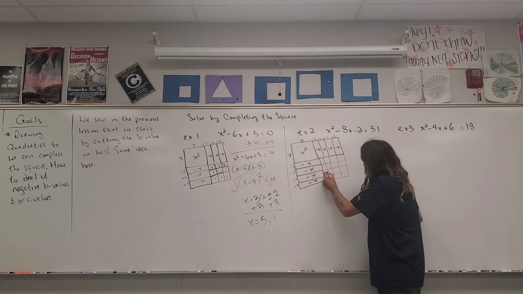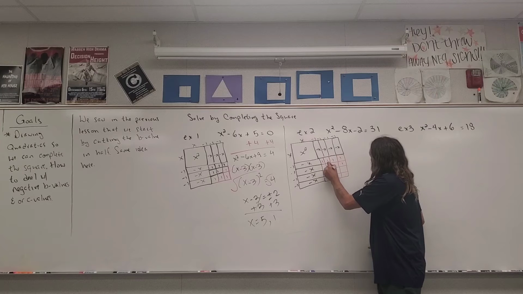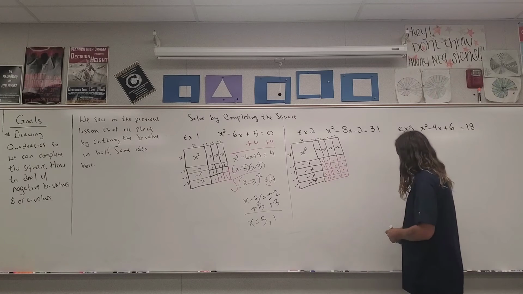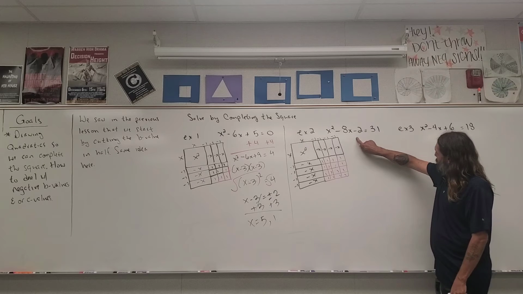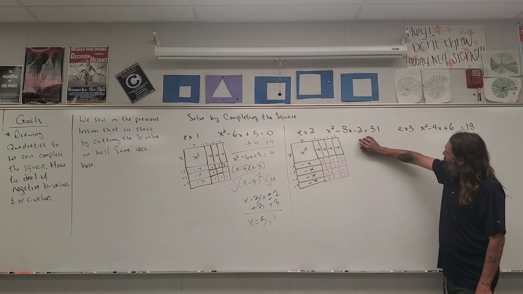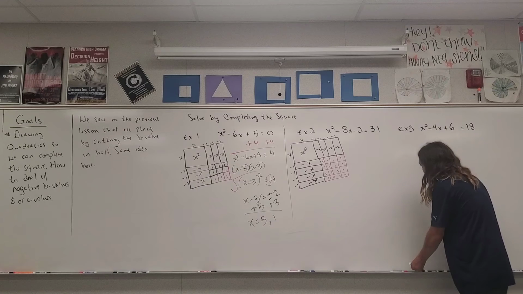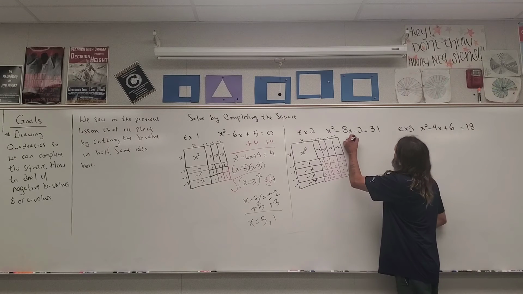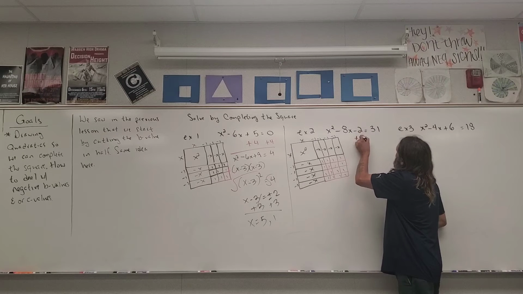I need 16 little squares, but I'm in a deficit of 2 squares. So not only do I need 16, I need to cancel out that 2. So this is why in this situation, I'm actually going to add 18 squares.